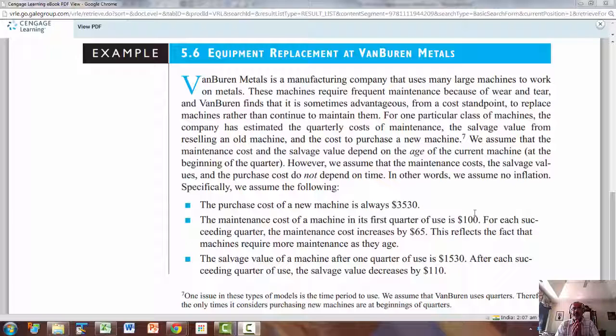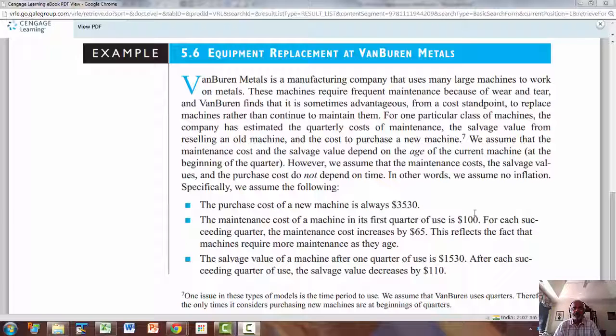Now the company does not want to sell a machine that was bought for 1 year. So the first time you can replace a given machine is after the passage of 4 quarters.